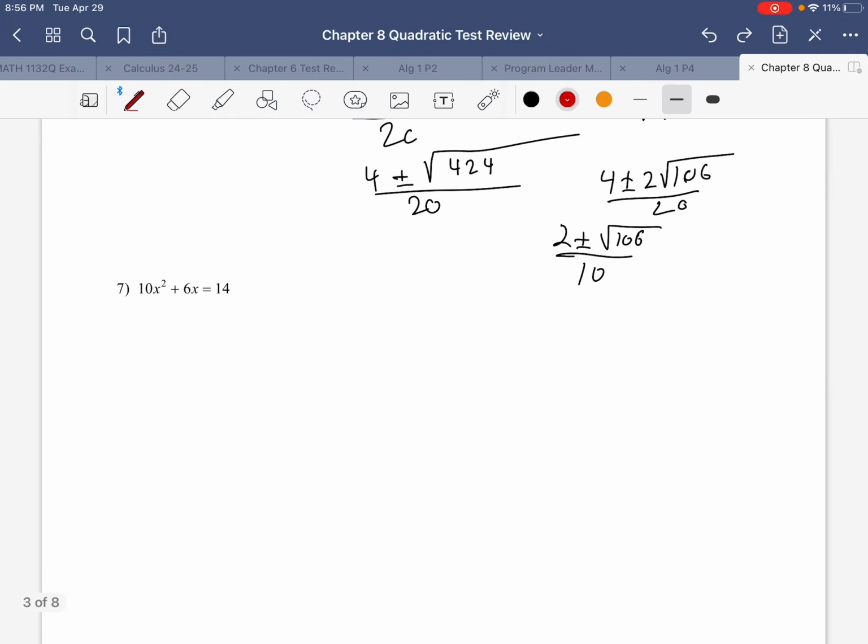All right, for number 7, I'm going to subtract 14 on both sides of the equation. 10x squared plus 6x minus 14 equals 0. A equals 10, b equals 6, c equals negative 14. Sorry, my dog's driving me nuts. Baxter, back off.